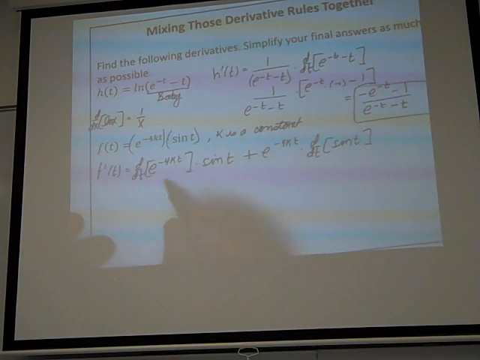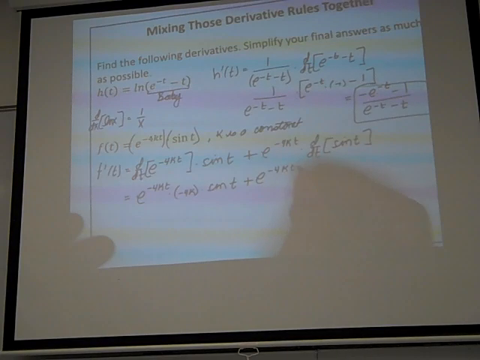The derivative of e to the negative 4kt, we're over here now. Derivative of e to a power is e to that same power times the derivative of the power, times sine, plus e to the negative 4kt times the derivative of the sine, cosine.